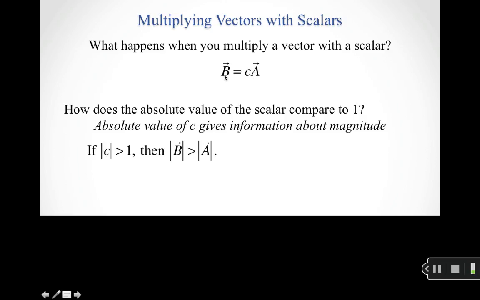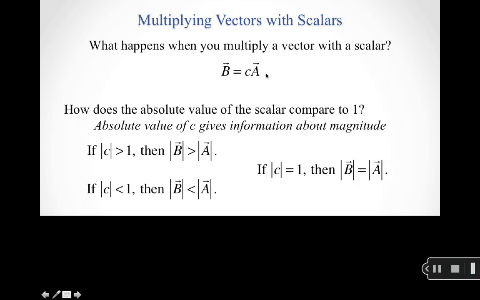If B equals 2 times A, that's telling you the magnitude of B is twice the magnitude of A. If B equals 10 times A, then B is 10 times longer than A. In the special case where the absolute value of that scalar is equal to 1, then A and B have the same magnitude.